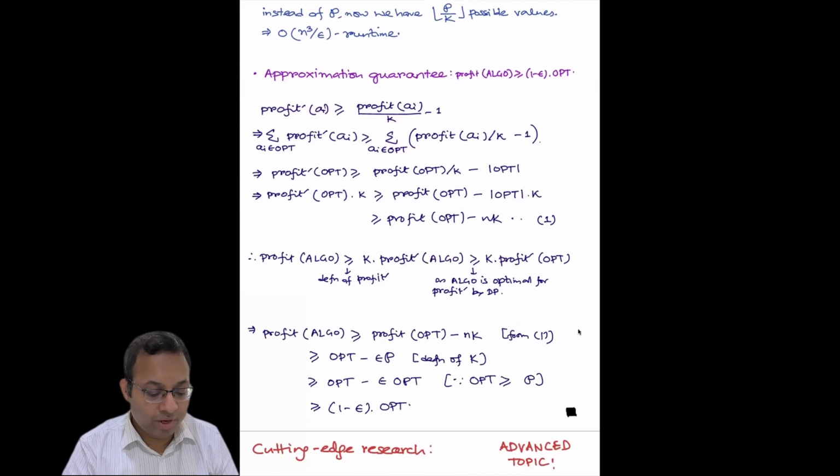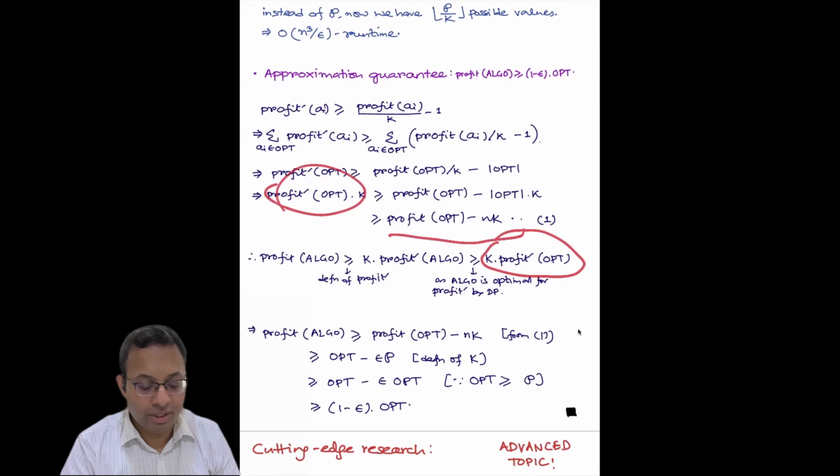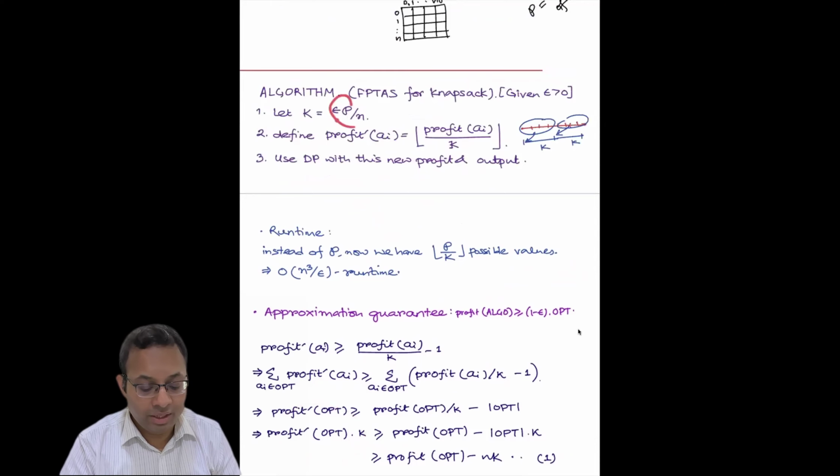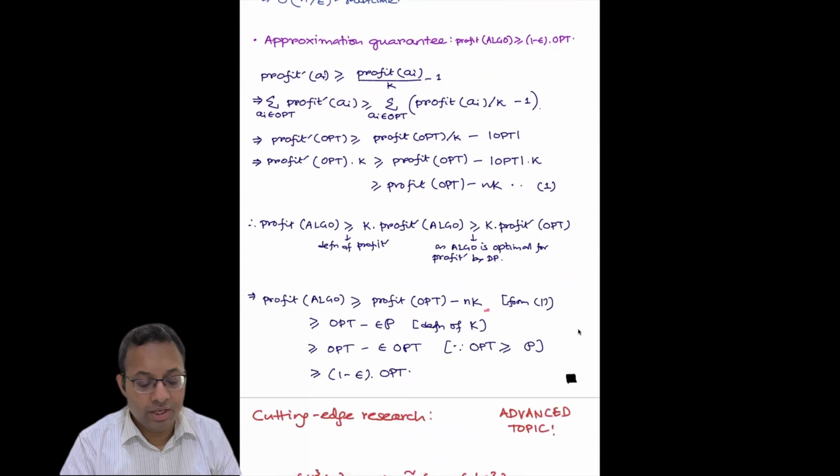Once we have this property, we have the rest. So the profit of algo is more than k times profit prime of opt. From here, we know it is more than profit of opt minus nk. And the definition of k was epsilon p by n, so we just replace it. So nk is epsilon p. The next step is that we know opt is more than p max. P max is a single item which can be packed in the knapsack and it has the maximum profit.